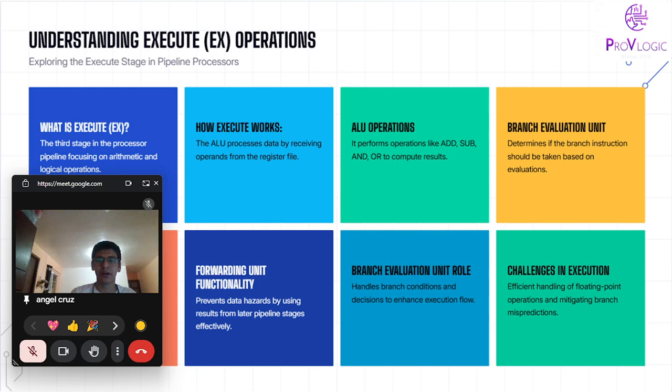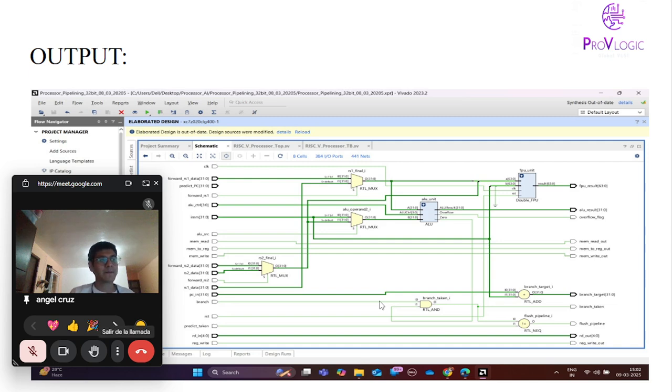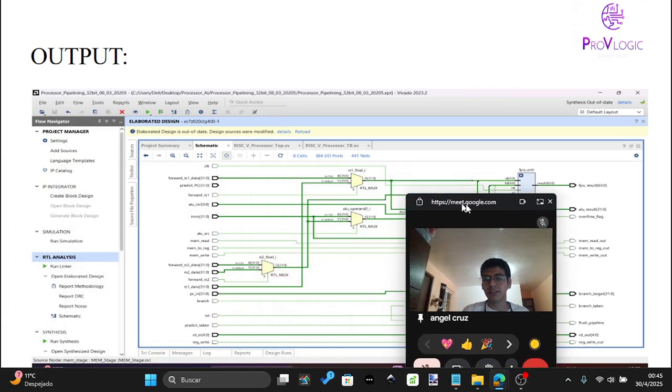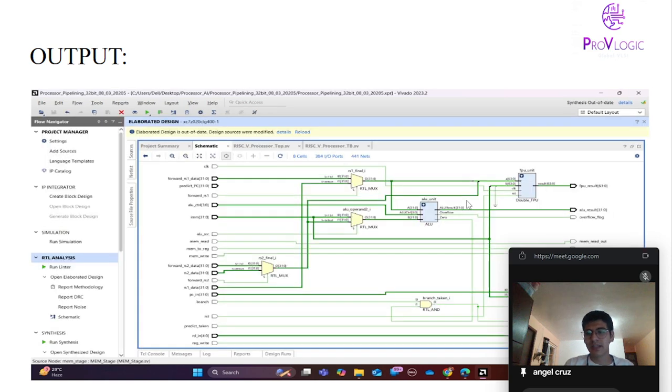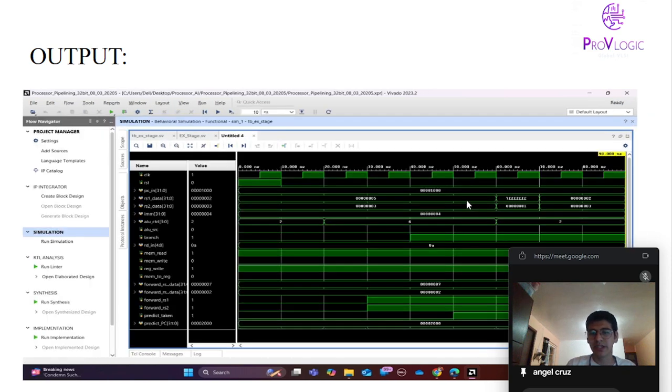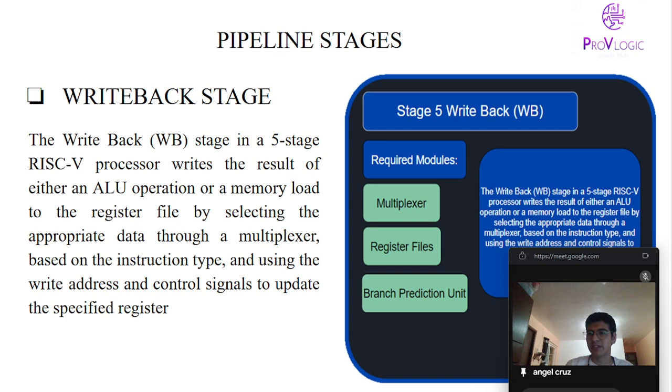These kinds of problems happen more often than I would like. So these are some of the designs, some of the schematics that were used inside, and the results of the output from this execution stage.